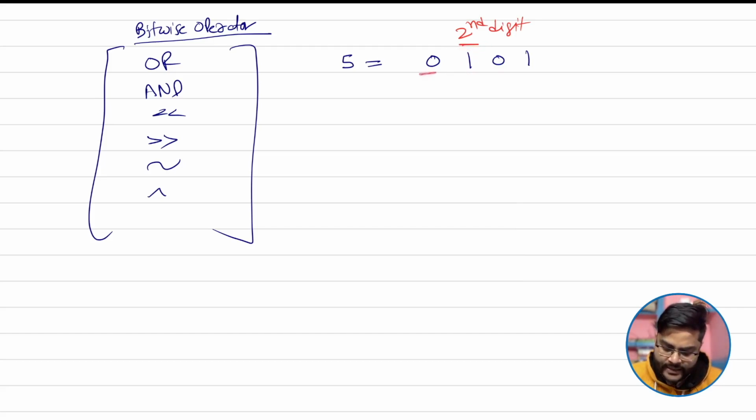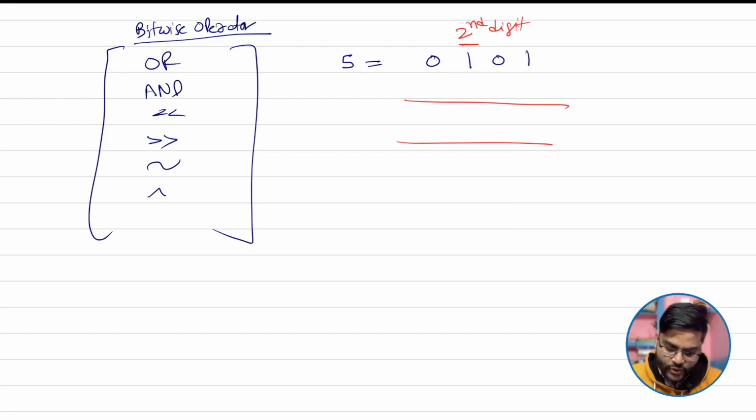The remaining bits I don't care about. For this bit and for this bit I don't care. So what operation do I want to perform so that I can find whether this bit is set or not?